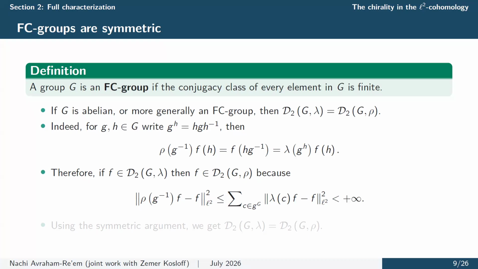Okay, it's a basic calculation. There's nothing really deep here, but this is a very simple bound, which is finite because f was assumed to be a cocycle for lambda.